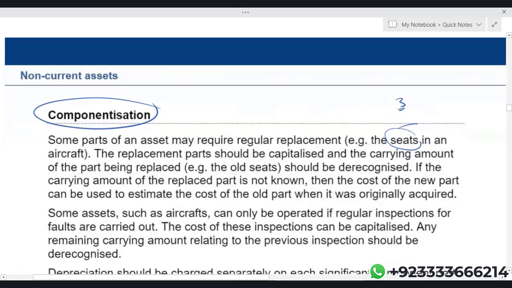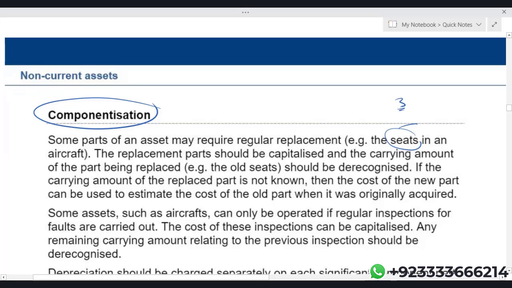Then there's one more concept, I would say, inspection. Listen carefully. If you have to carry out a major inspection, let's say after every 2 years or after every 3 years, such major inspections will be capitalized and depreciated over their own useful life. For example, take an aeroplane company.